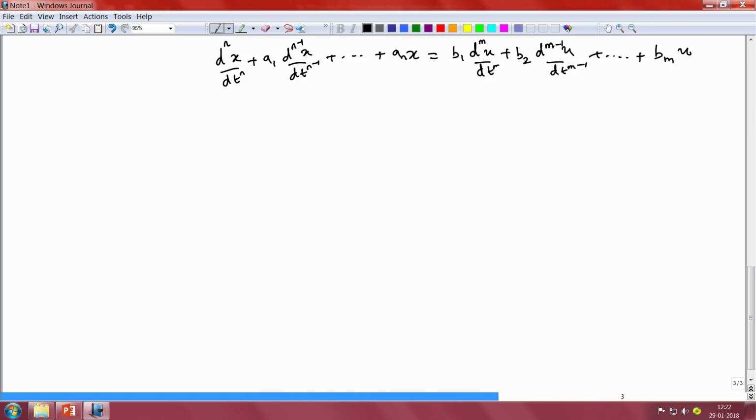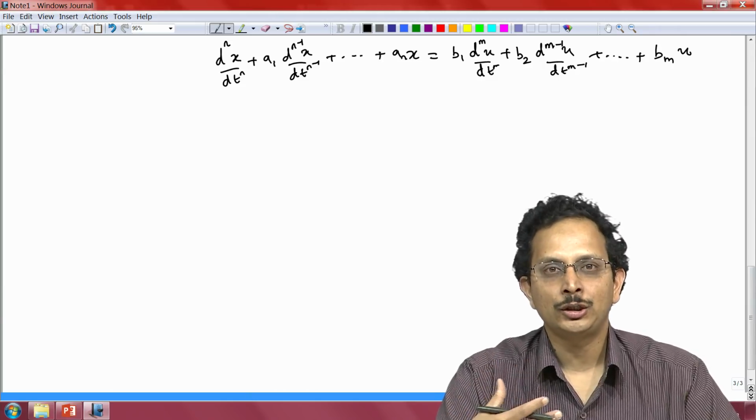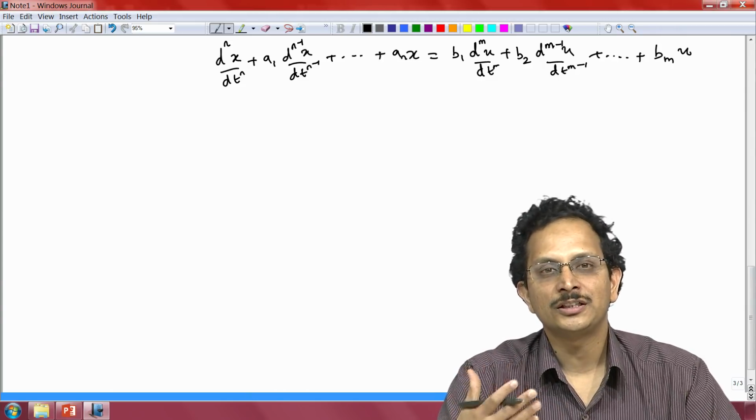We will restrict ourselves in this course to systems whose input u and output x are related by differential equations of this kind.